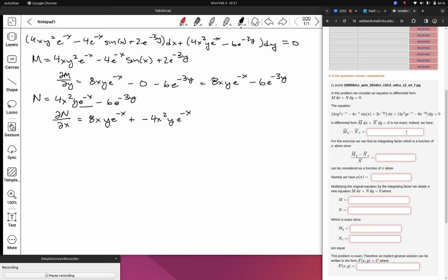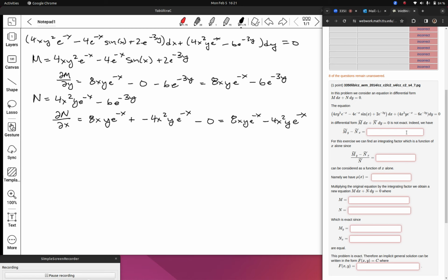That's from taking a derivative of that e to minus x. So I'm just doing a product rule here. And then minus 0, because the second term only depends on y. So altogether I would get 8xy e to minus x minus 4x squared y e to minus x.